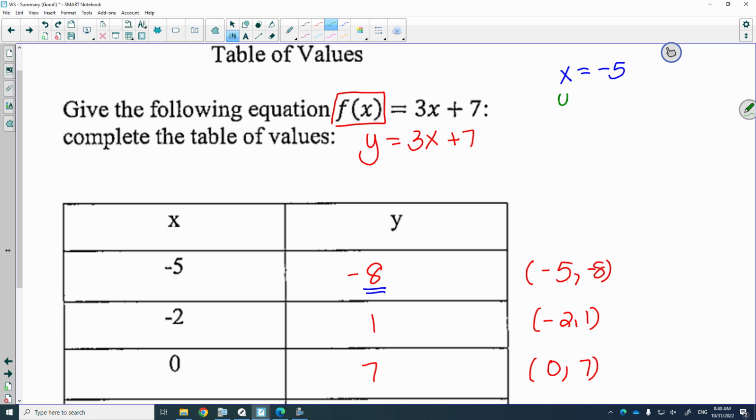We write what the equation is, 3x plus 7, and into our equation where x is, we're going to input -5.